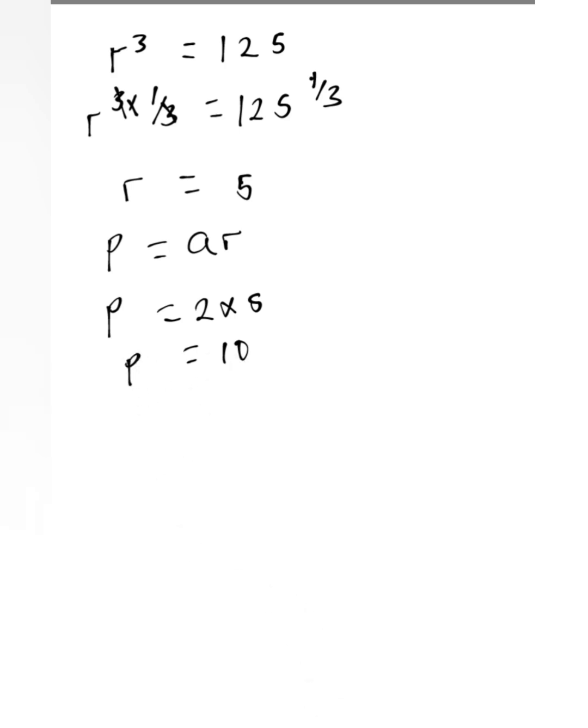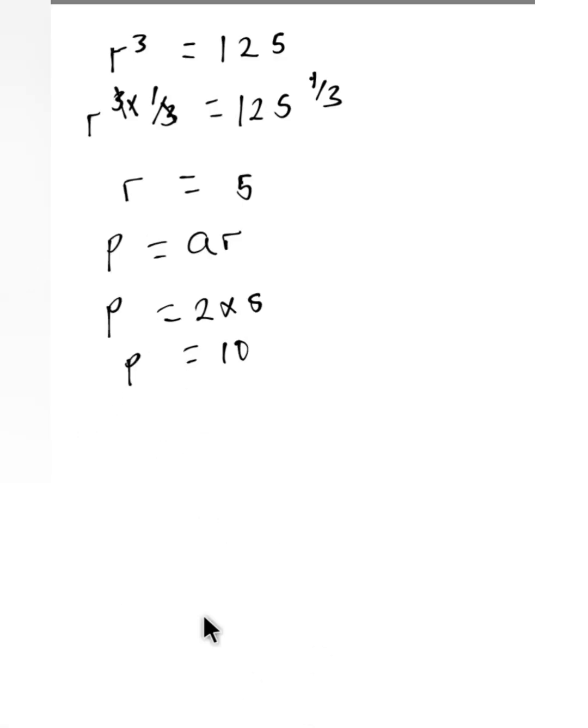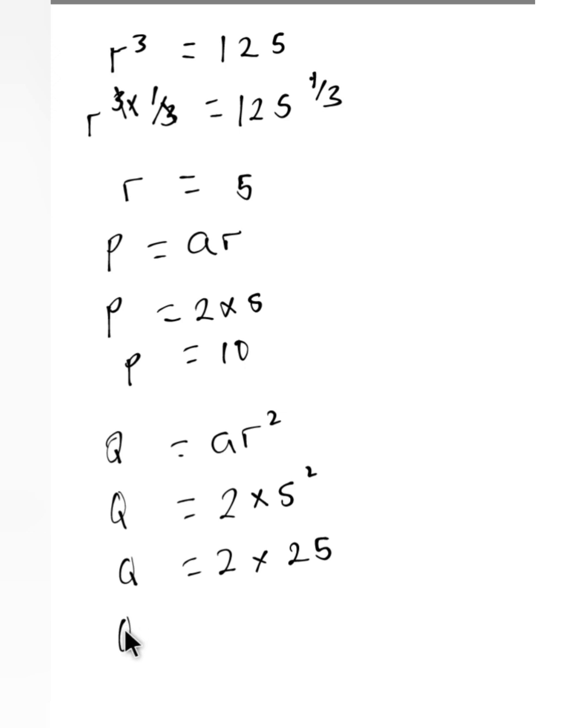So what about q? q is equal to ar squared. q is equal to a, which is 2, times r, which is 5, squared. So q is equal to 2 times 25. q is equal to 50. And that is the answer.